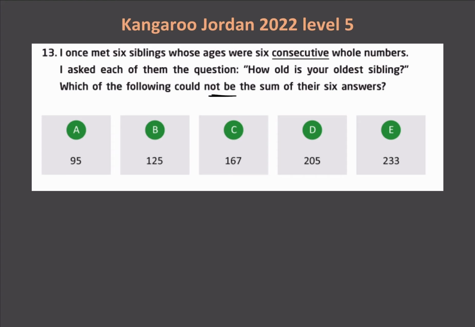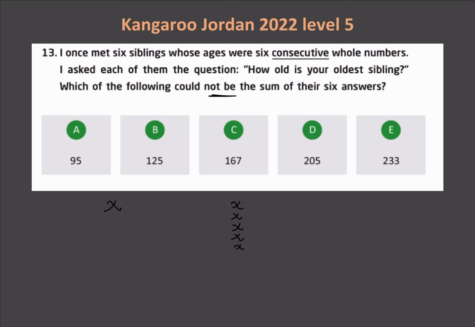For example, if I pick the oldest one and assume his age is X, and I ask the youngest one, he would say that the oldest sibling has an age of X. If I ask the second one, he will answer X. If I ask the third one, he would answer X. If I ask the fourth one, he would answer X because X is the oldest. And if I ask the fifth one, he will answer X.